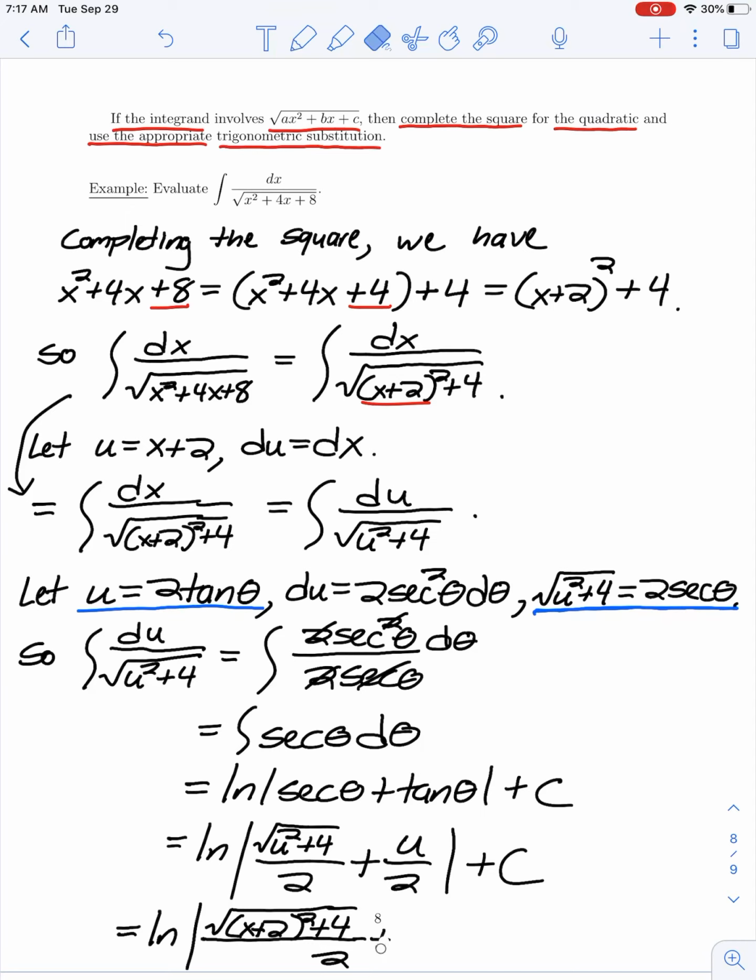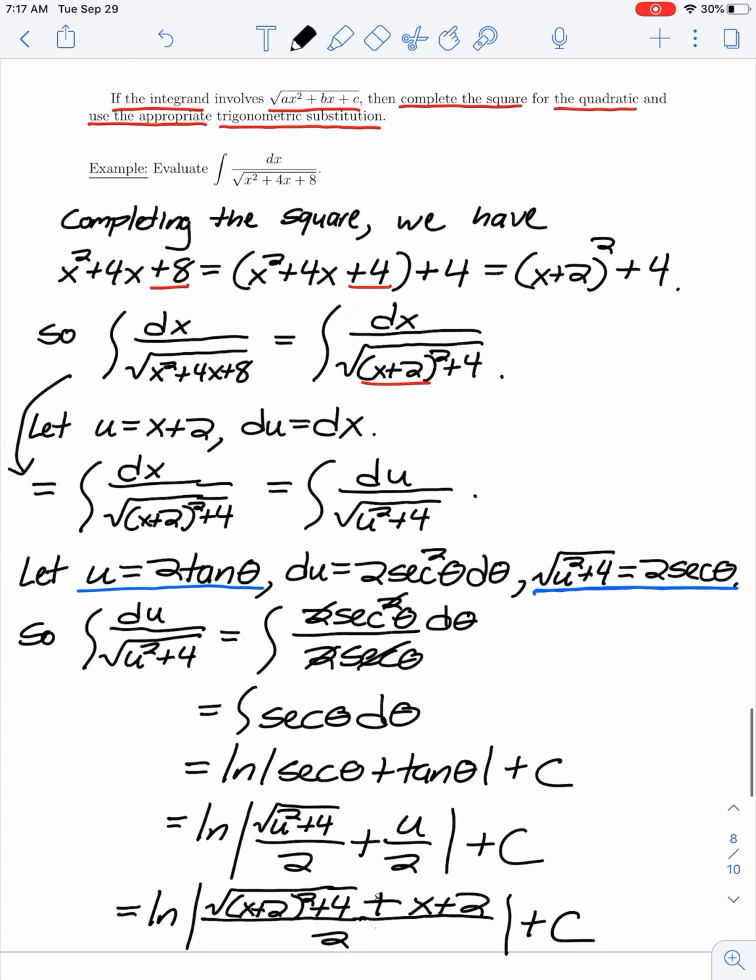So actually I can have a common denominator of 2 here. So let's say plus u, which was equal to x plus 2, all over 2 plus c. So this would be my antiderivative of that function.